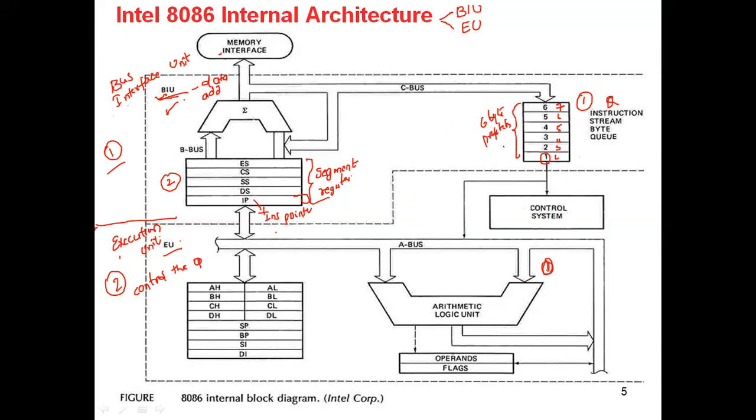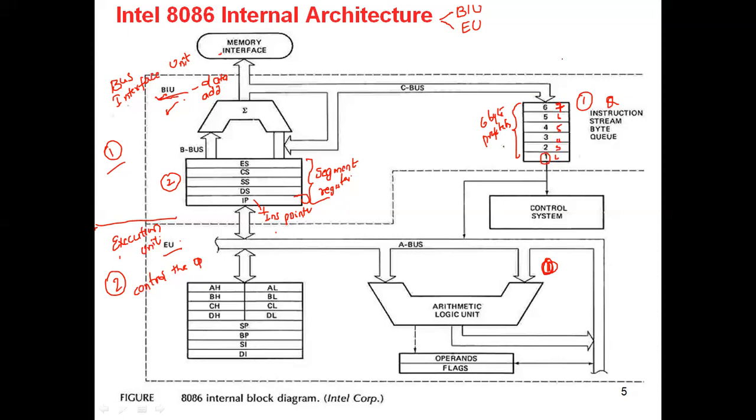So at a time, two things are being done. The first instruction is executing, and at the same time the next instruction is being fetched. That is the reason why it is much faster. The unit simply reads the instruction from the instruction queue, resulting in increased execution speed.